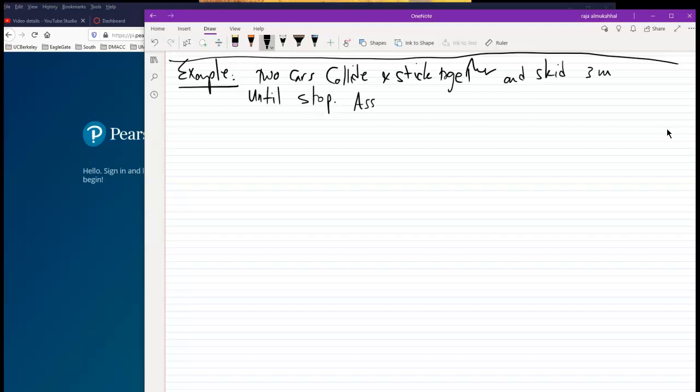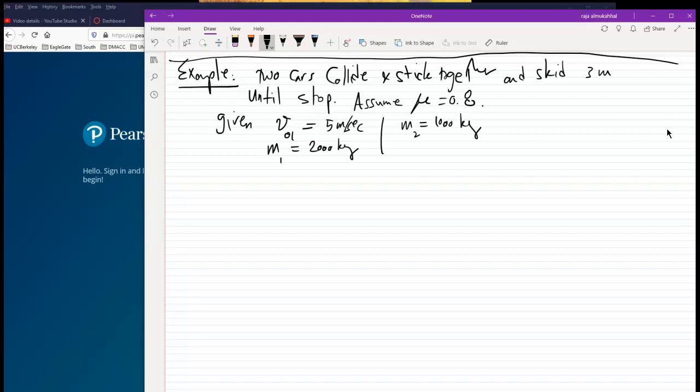Assume the coefficient of friction on the street is 0.8. Here is what's given to us: V01 for car 1 is equal to 5 meters per second, the mass of car 1 is 2,000 kilograms, and the mass of car 2 is 1,000 kilograms.